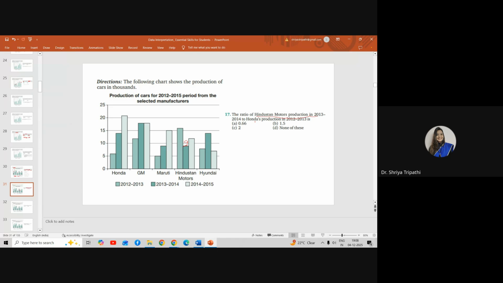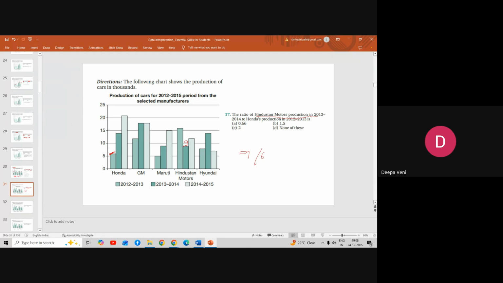And Honda's production in 2012-2013. What will be the answer? Honda's production is 6. So 9:6.